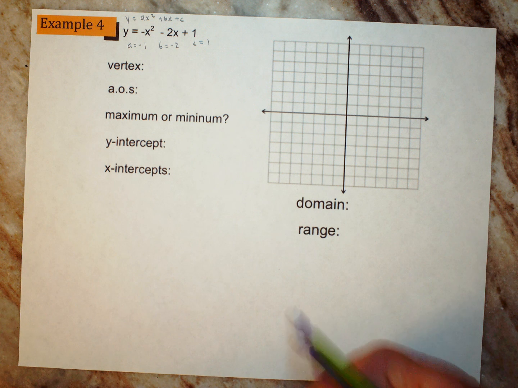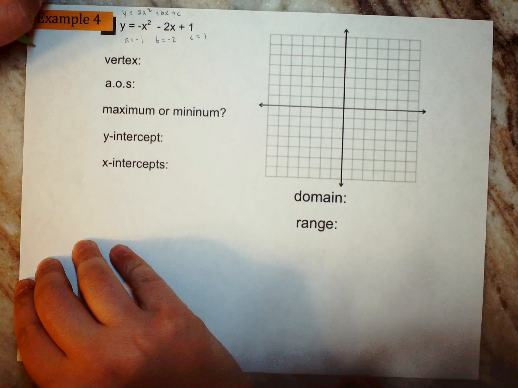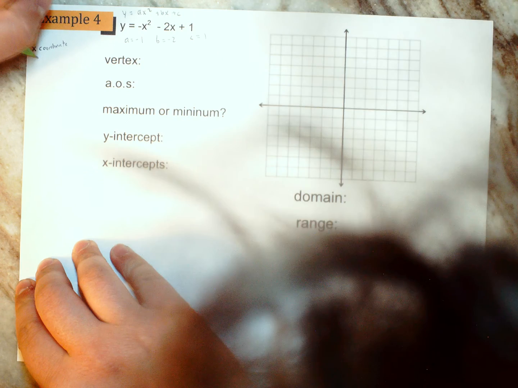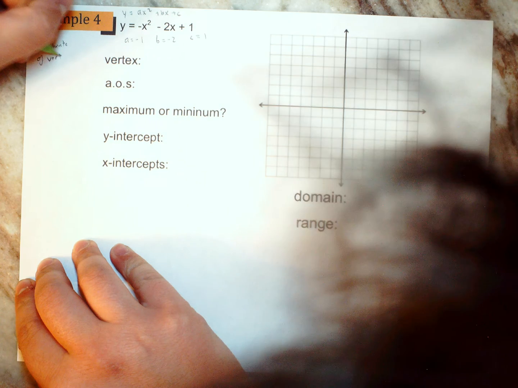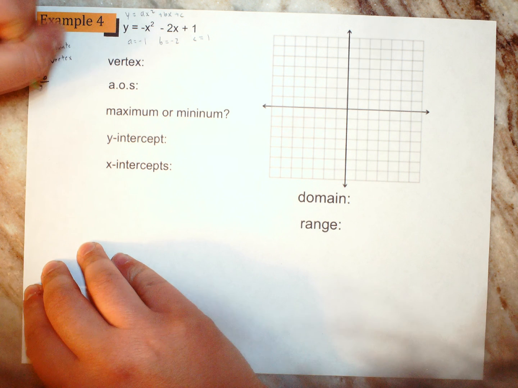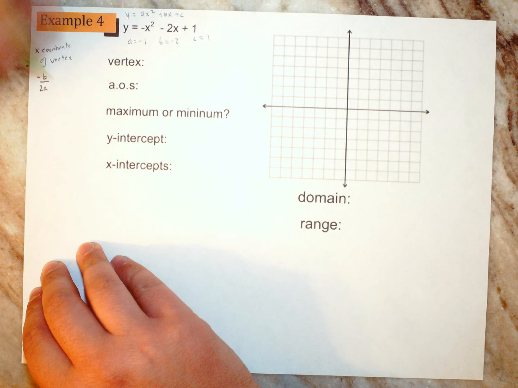So for the vertex, for the x coordinate, I'm going to do it over here. X coordinate of vertex, we're going to use -b over 2a, or really the opposite of b.